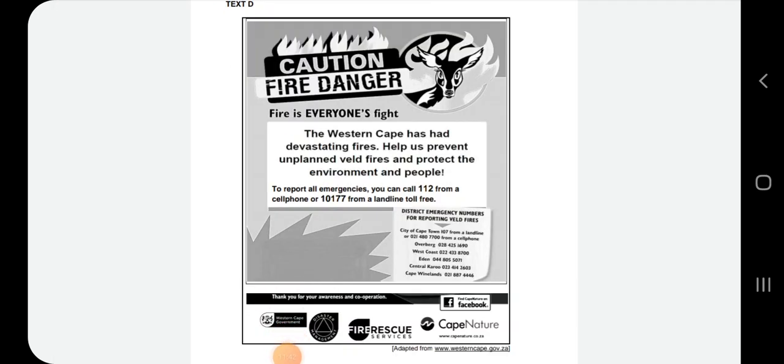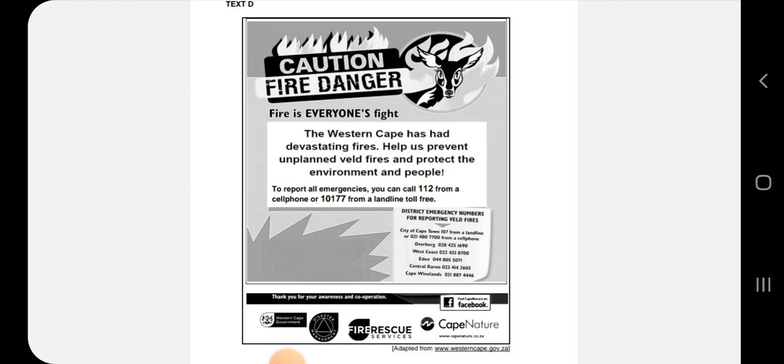So just look at this advertisement as well. Caution, fire danger. Fire is everyone's fight. The Western Cape has had devastating fires. Help us prevent unplanned field fires and protect the environment and people. To report all emergencies, you can call 112 from a cell phone number, or 10177 from a landline toll free.